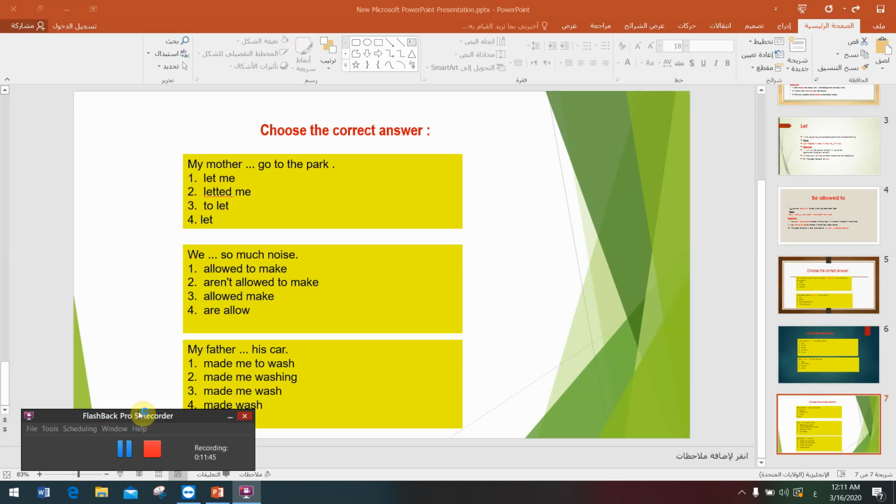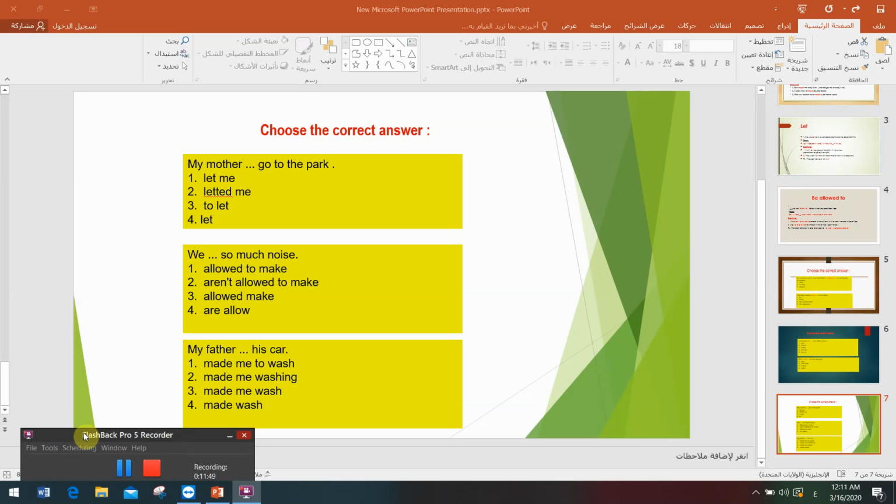Now let's move to the last sentence. My father his car. The choices are made me to wash, made me washing, made me wash, or made wash. The structure here is make, and the rule says that make is followed by the object, and the object is followed by an infinitive verb without to.